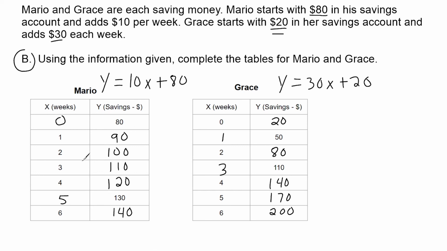So for example, let's just take 4 weeks. If we substitute x here with 4, that would be 10 times 4, which is 40, and 40 plus 80 more is 120, which is what we have in this column right here, 120. All right, let's go on to part C.